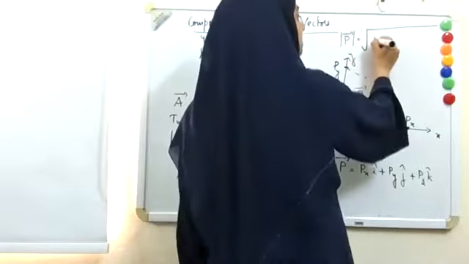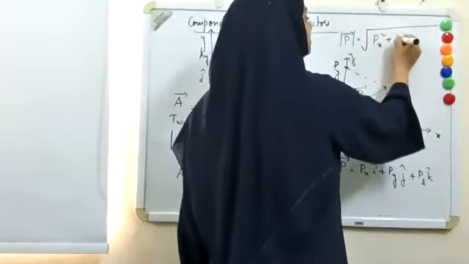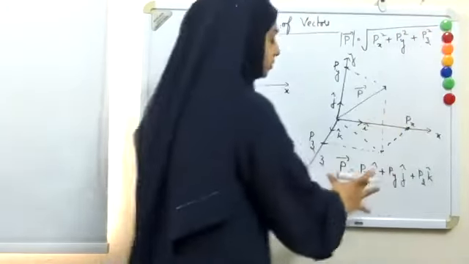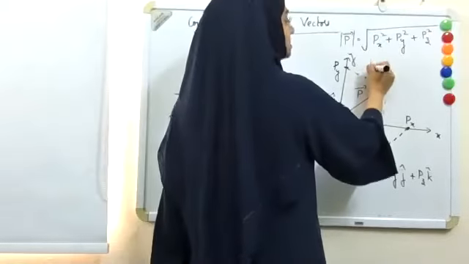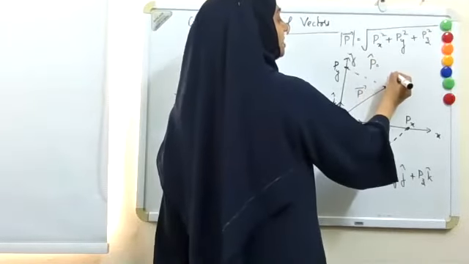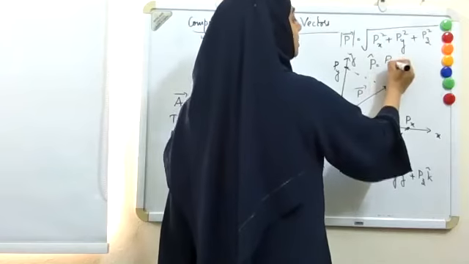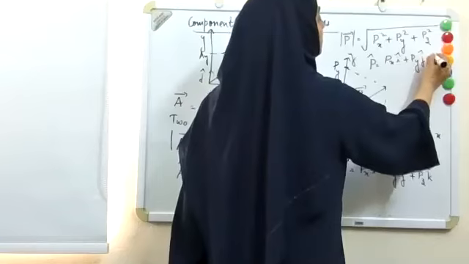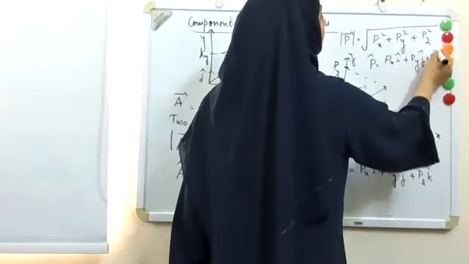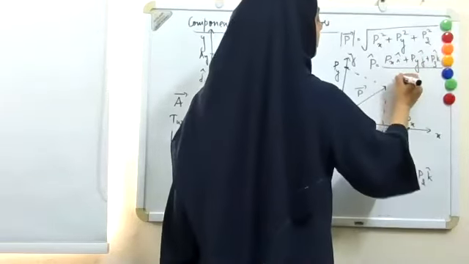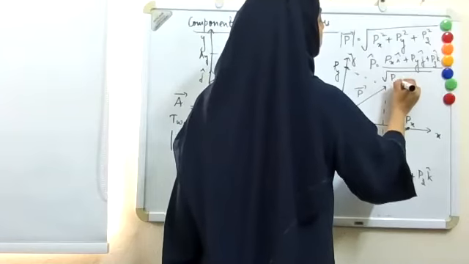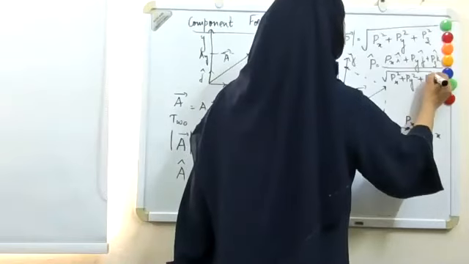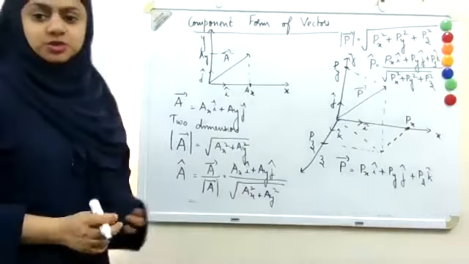So I can write it as root over px square plus py square plus pz square. This is the magnitude of the vector, and I can represent the unit vector in that direction as px i plus py j plus pz k divided by root over px square plus py square plus pz square. Is it clear to you?